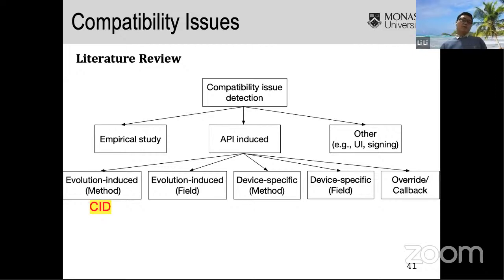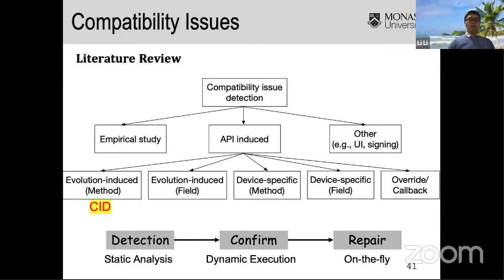Our original SAID tool, unfortunately, can only handle the first type here, the evolution-induced method type of errors. So we took additional effort to extend SAID to also include all the other types of issues we identified through the literature review.